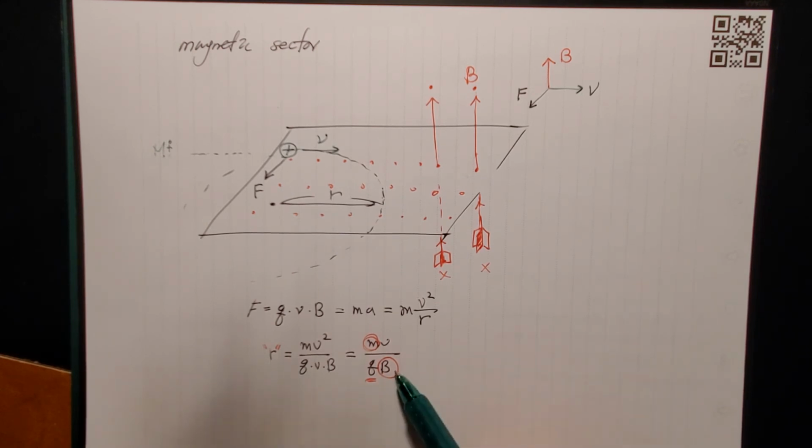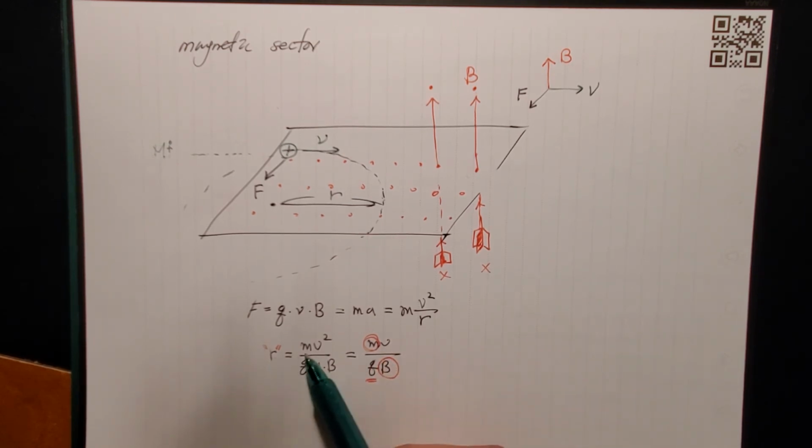Okay. If you have one type of magnetic field at a certain time, what happens is that the lighter ones, small mass units, right? Lighter ones will make a small circle.